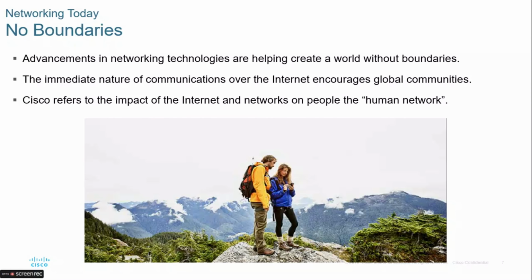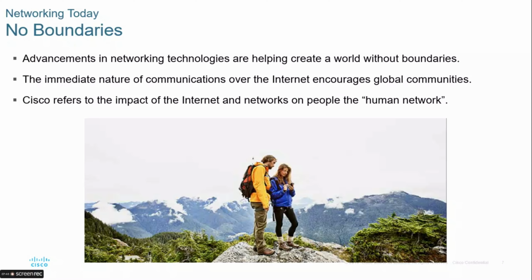Networking today has removed boundaries. This one I had explained before. Advancement in networking technologies is helping to create a world without boundaries. Right now, you can partner with people from any continent, behave as if you are in the same room, come to a decision, discuss something, and achieve what you're after. The immediate nature of communications over the internet encourages global communities.